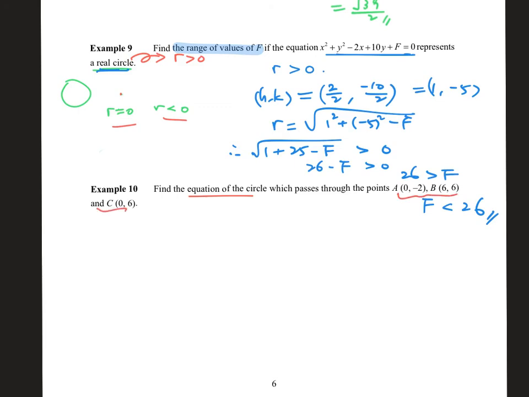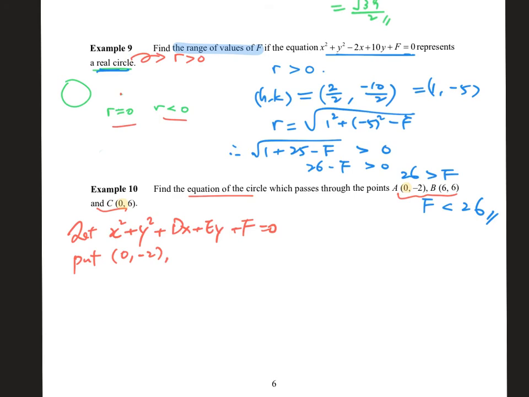Well, in this case, it normally goes to hard substitution because you have no other way, but you know the general format of the equation of a circle will be x squared plus y squared plus dx plus ey plus f equals 0, because you know nothing about the center and radius. And now you can only slowly, carefully, precisely do substitution one by one because there are 3 points given to you. But luckily, the example I provide has some zeros, which makes the calculation easier. So let's start.